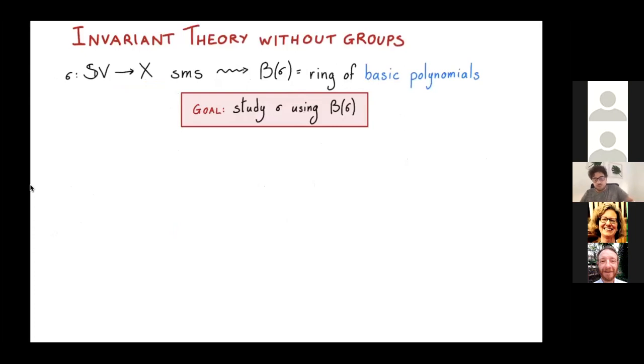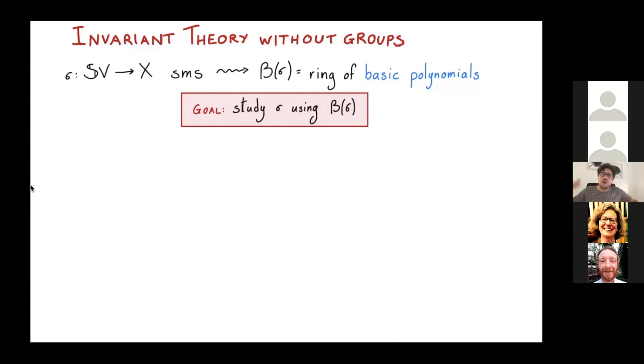Okay, so as I was saying, if we think of spherical manifold submetries as representations without groups, then we can do an invariant theory without groups in a pretty straightforward way. Just like in the homogeneous setting, we can define a ring of basic polynomials.